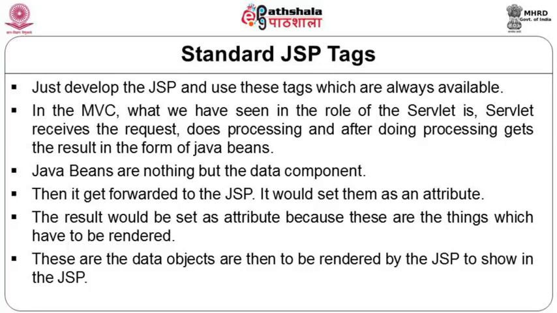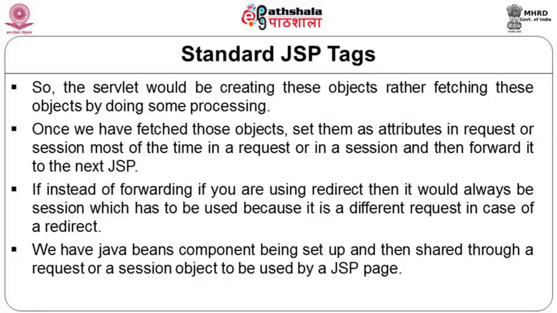So, the servlet would be creating these objects, or rather fetching these objects by doing some processing. Once it has fetched those objects, it sets them as attributes in request or session, most of the time in request or in a session, and then forwards to the next JSP. If instead of forwarding you are using a redirect, then it would always be a session which has to be used, because it is a different request.